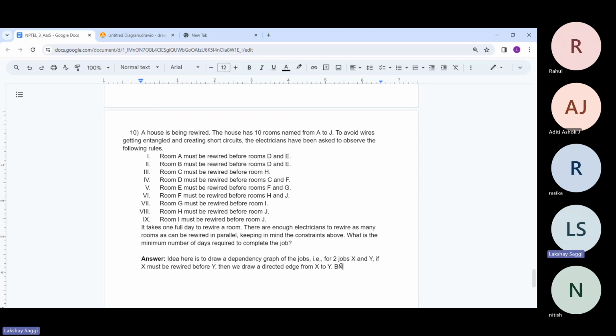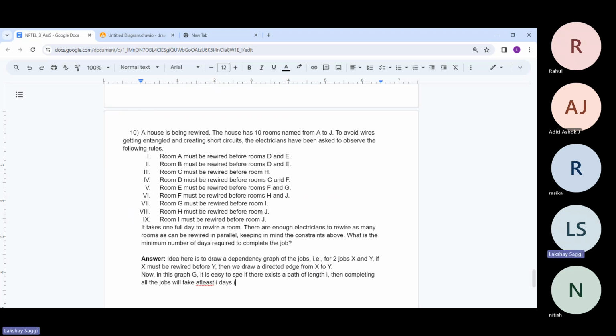So now in this graph, which maybe I'll call G, it is easy to see that if there exists a path of length I, then completing all the jobs will take at least I days.